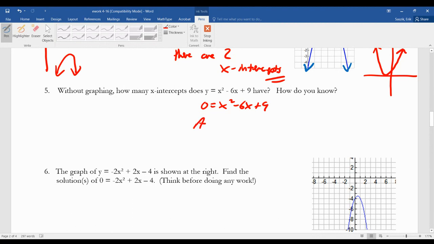And that's good. We just write down our a, b, and c again, just like we did if we were solving. But now they're just asking us for the number of solutions. So all I have to do is b squared minus 4 times a times c.